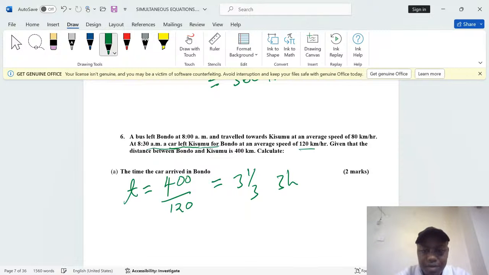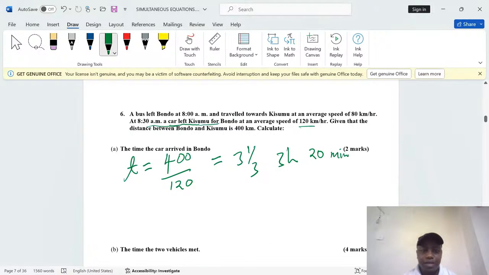So 3 hours, a third means 20 minutes, because a full hour is 60 minutes, then a third of an hour will be 20 minutes. So that is the time taken for the car to arrive at Bondo. And remember, it started its journey at 8:30.